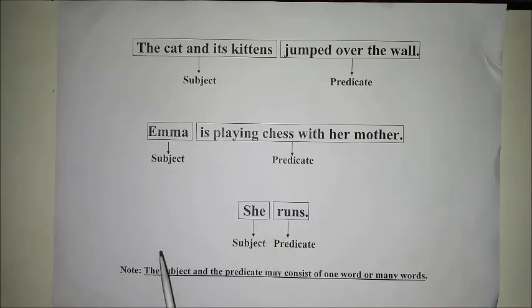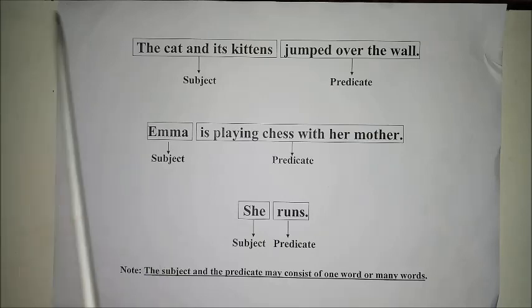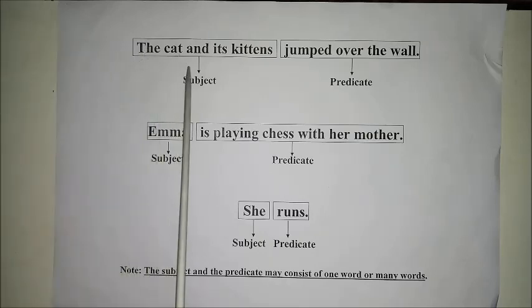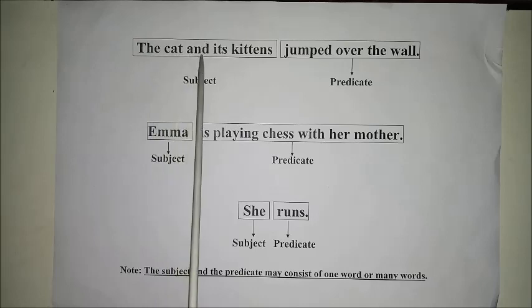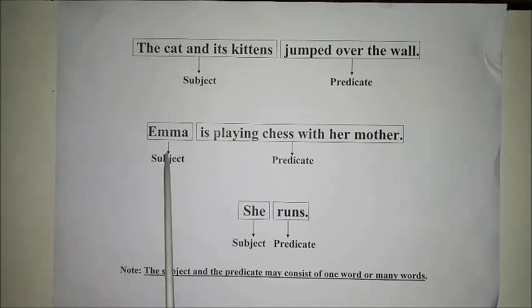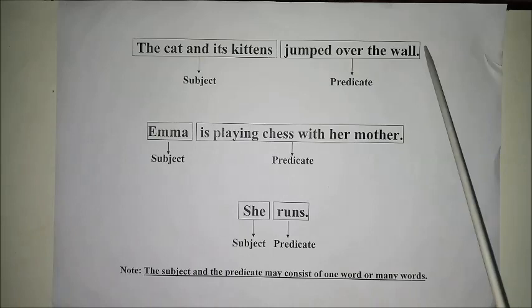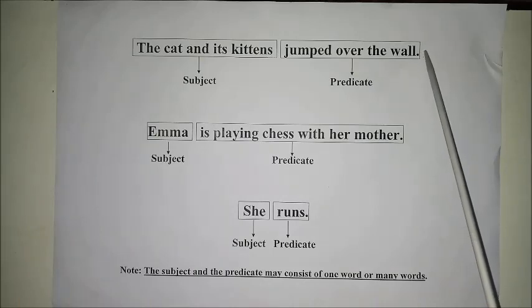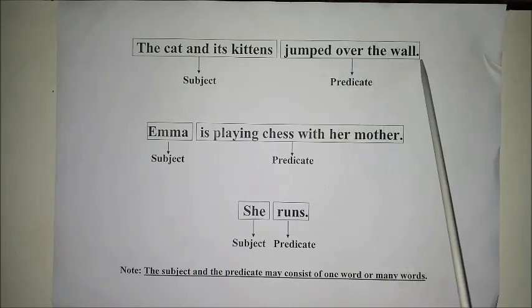Now, there is one very important thing to note that in the first sentence, the subject has 1, 2, 3, 4, 5 words. Whereas in the second and the third sentence, the subject has only one word. Similarly, in the predicate of the first sentence, there are 4 words.